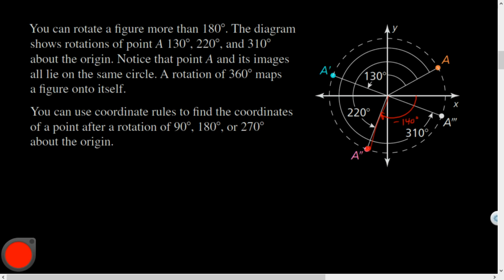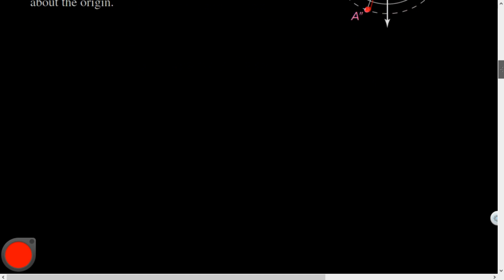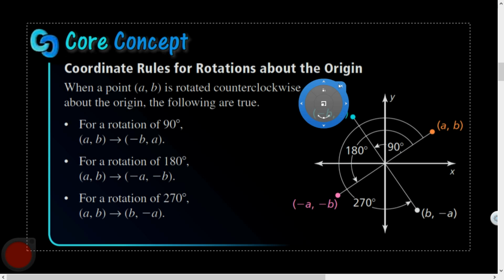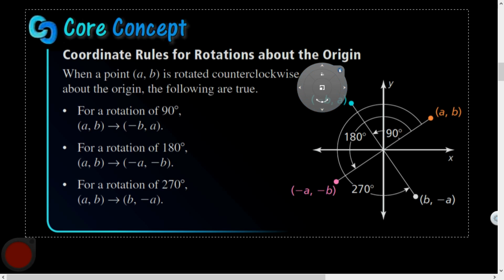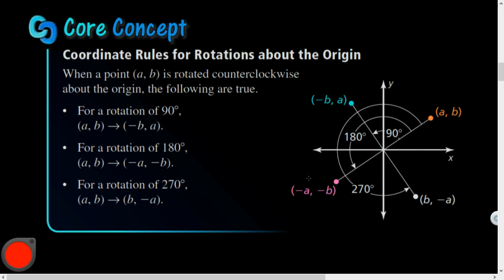Now, if I'm rotating at 90 degree increments, it turns out if I have coordinates, because not all the time are you graphing or doing rotations on the coordinate plane. But if we are, there's actually a way to do a kind of coordinate conversion when you're dealing with very particular angles that are in 90 degree increments.